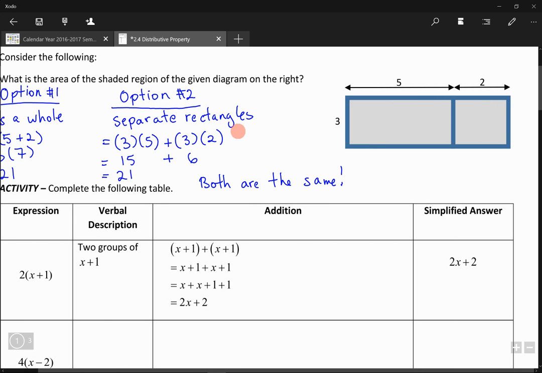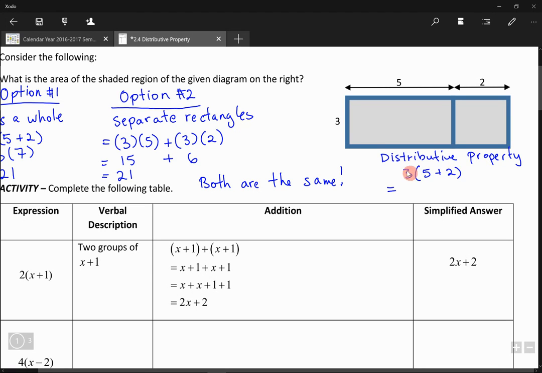Here on this side, I'm just going to write a little note. If you have this, call it the distributive property. It's called distributive because you're distributing that monomial. So 3 times 5 plus 2, we're distributing that number. I'm going to take this 3 and distribute it inside this bracket.